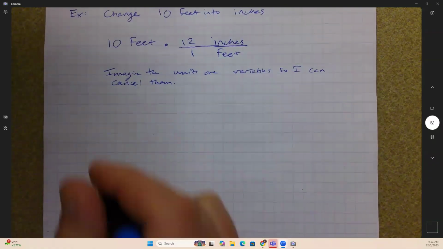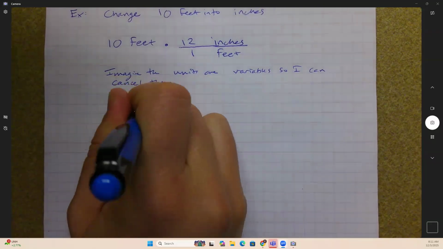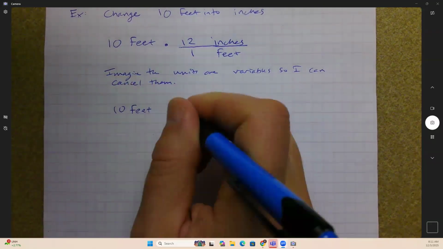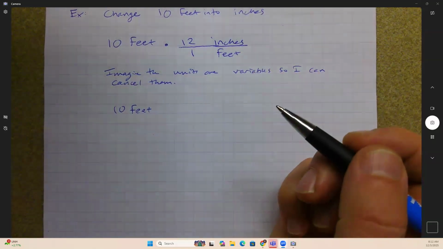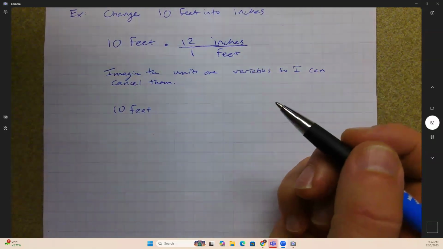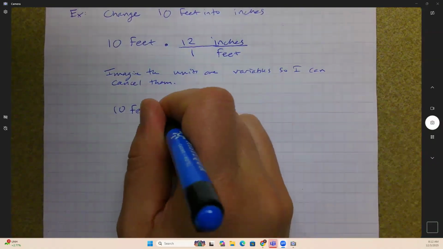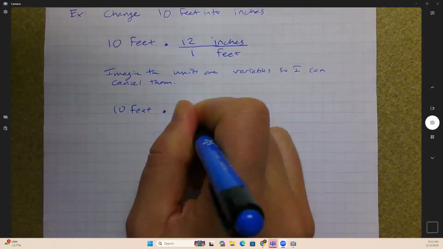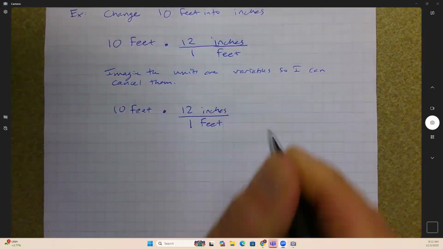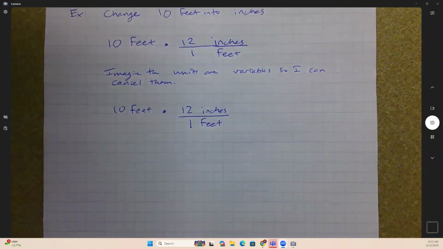I'll write it again. 10 feet. I don't want feet, I want inches per foot. So maybe I don't write inches over feet first, but if I know I want inches, I go to my table and I say, aha, there are 12 inches for 1 foot or 1 feet. And now I imagine the units are variables.